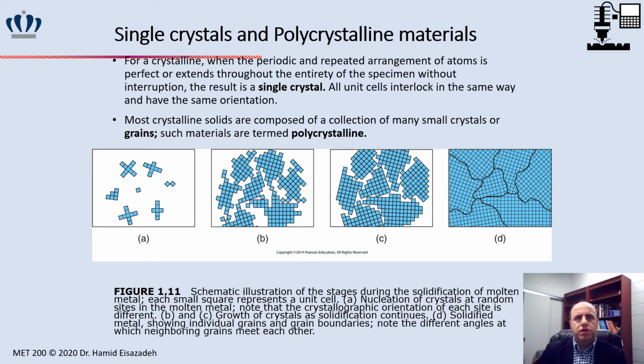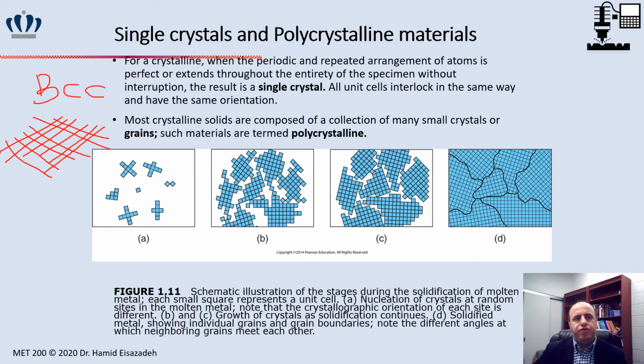Also, we discussed single crystal and polycrystalline material. If we have a material in which all the unit cells, the BCC and FCC we mentioned, are in the same direction, for example, this one showing all the unit cells in the same direction, then we have only one grain, and it's called single crystal.